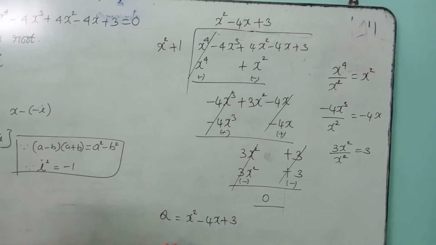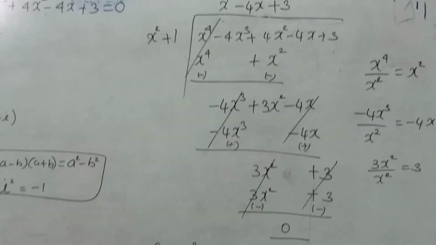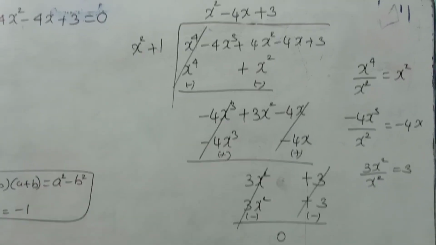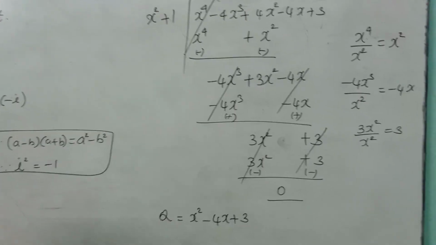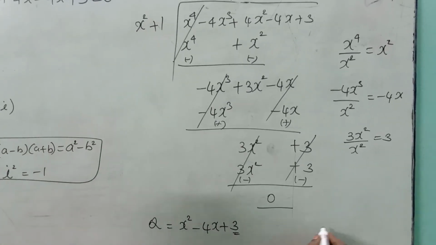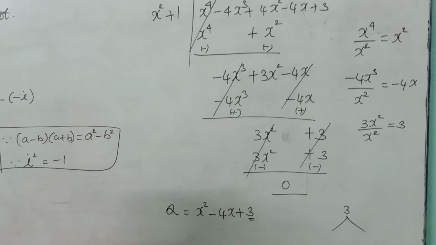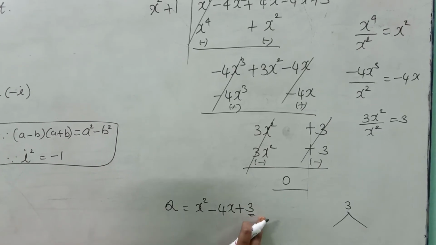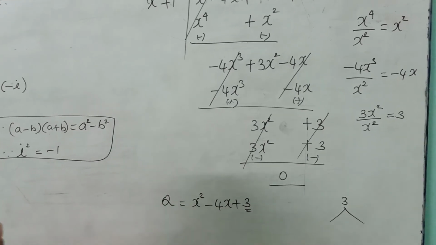We can easily factorize this quadratic equation, or if you don't know how to factorize the quadratic equation, we can use the quadratic formula. This is the simple equation. I am going to factorize. The constant term is 3. If I multiply the two terms, I must get 3. If I add the same two terms, I must get minus 4.